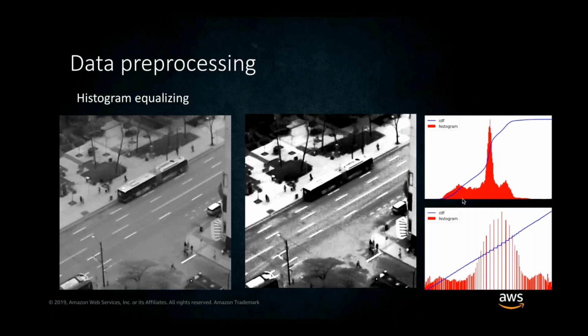Histogram equalizing makes sure that we fully explore the full scale from 0 to 255. And when we plot the cumulative distribution function, which is indicated here in blue, we will see that it's a linear line. The effect of histogram equalizing is that we can increase the contrast of our input images. That also means the weather effects are minimized and the model training will improve.